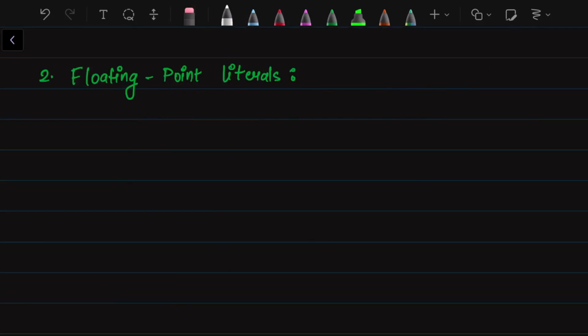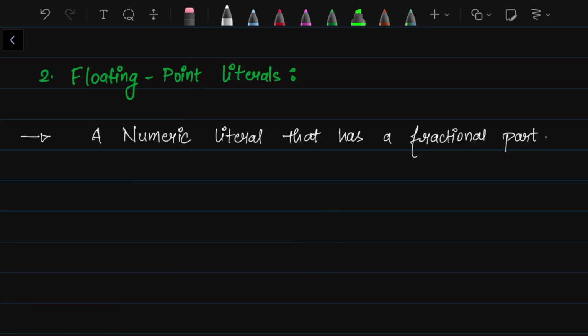Now let's talk about floating point literals. These are all those numeric literals that have a fractional part. For example, 4.53, negative 7.20.